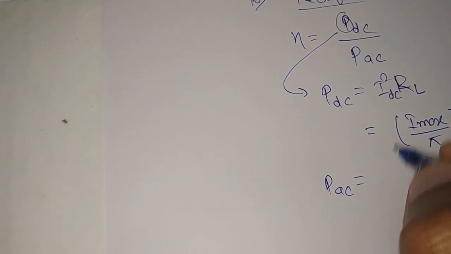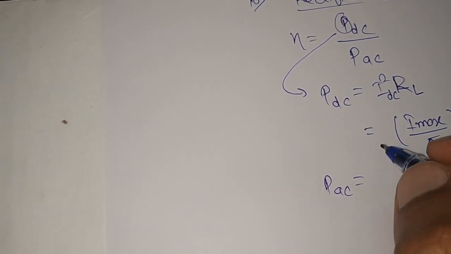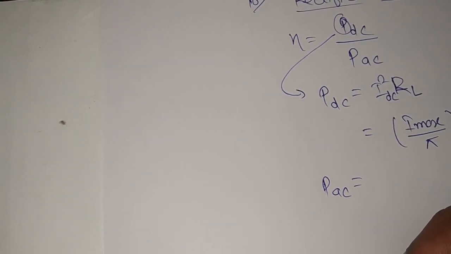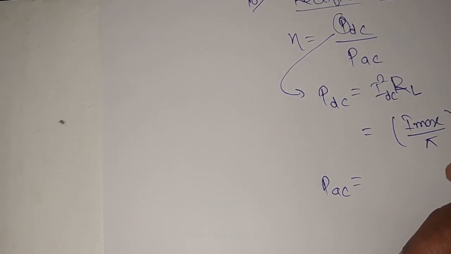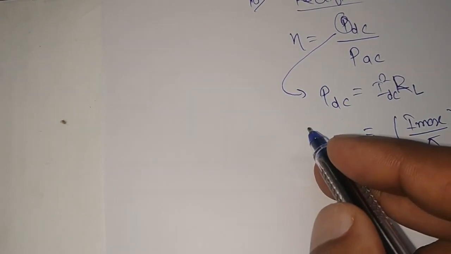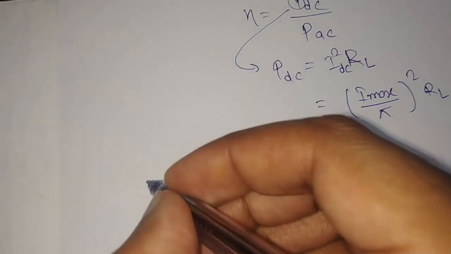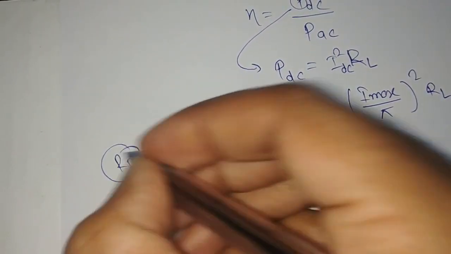At input there are other parameters also included. First thing we have to consider is the power dissipated in the diode junction. How much power is consumed at the junction and how much power is dissipated in the load resistance. So we have to consider the load inside the diode. How much is the power consumed inside the diode?